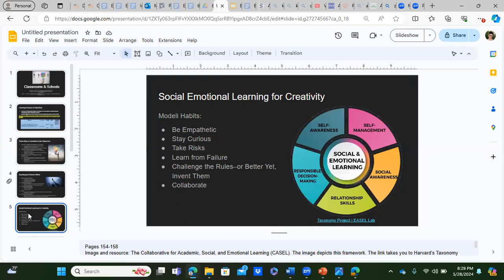So this is Harvard's taxonomy project, and they created an Explore SEL site, which allows you to do just that. Notice I actually put the link here for you right below. It's called the Taxonomy Project. Please check it out because it talks not only about the CASEL framework, but it's also going to talk about the one on the left that I'm about to discuss with you.